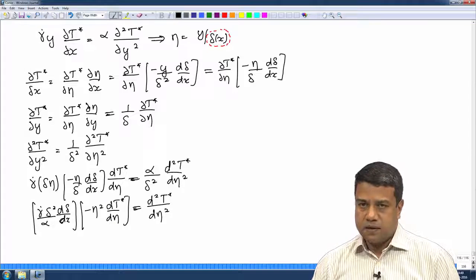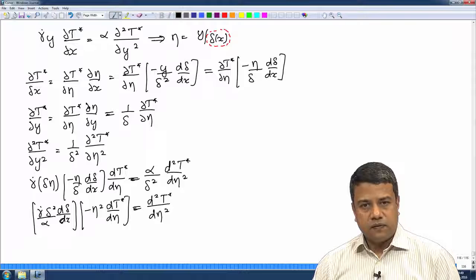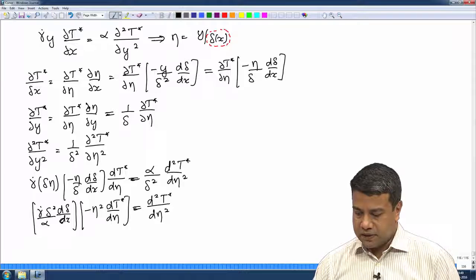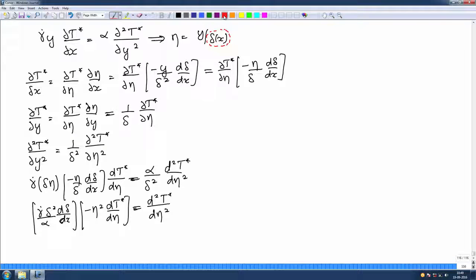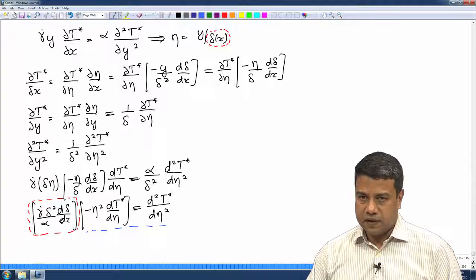So, this is the equation in terms of the similarity variable, and for a solution to exist for this equation, as you can see, this term here has to be equal to a constant. It should not depend upon x or eta, it should be equal to a constant. If this is a constant, then the rest of the equation is only a function of eta, and therefore, I can get a similarity solution for the problem in terms of the temperature field for eta.